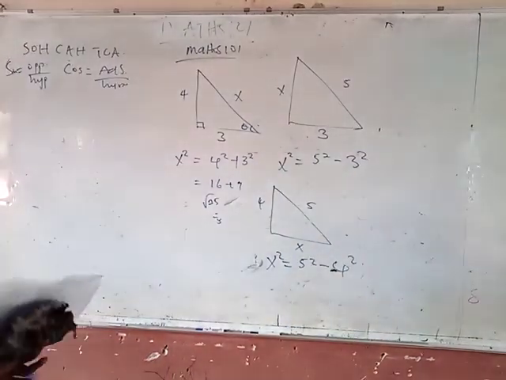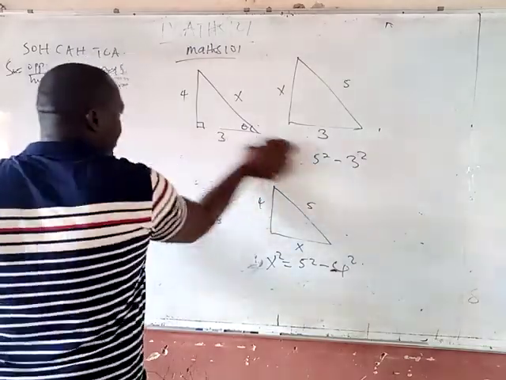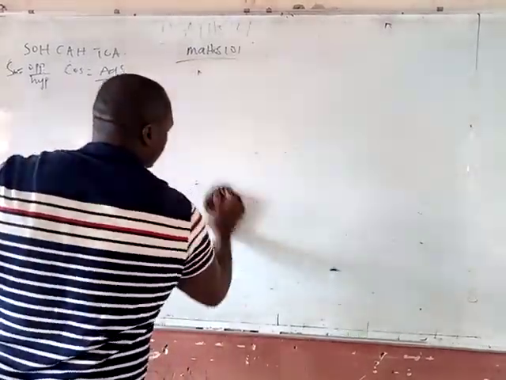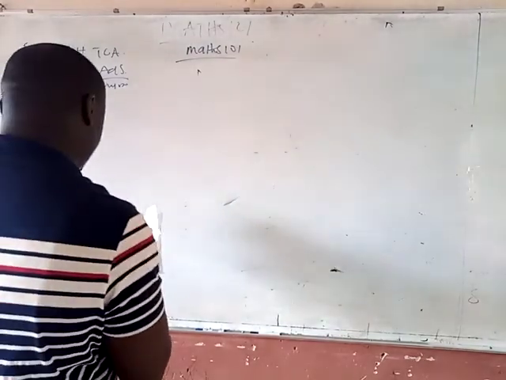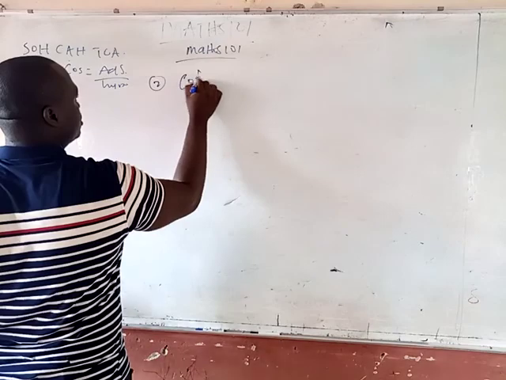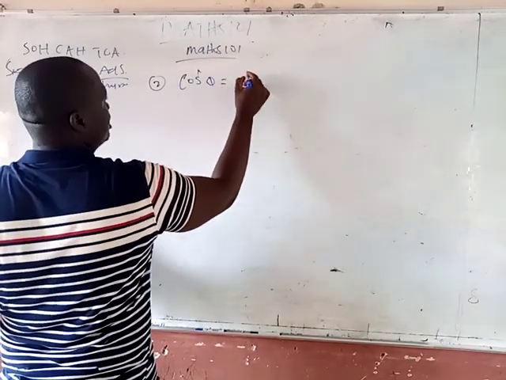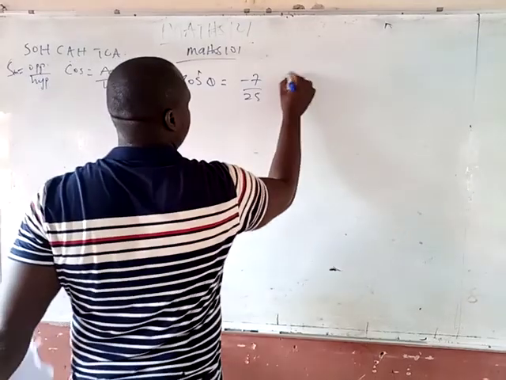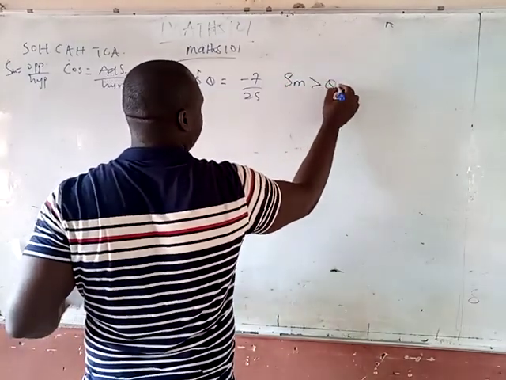Let's go. What if you have a question like this? Example number 2, that cos of theta is minus 7 all over 25, and then the sine of theta is greater than 0.